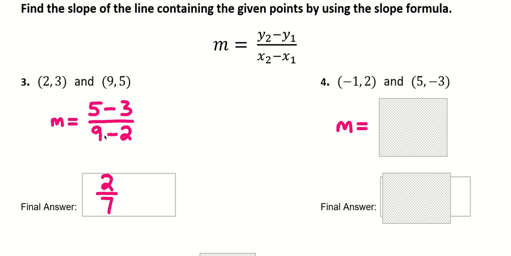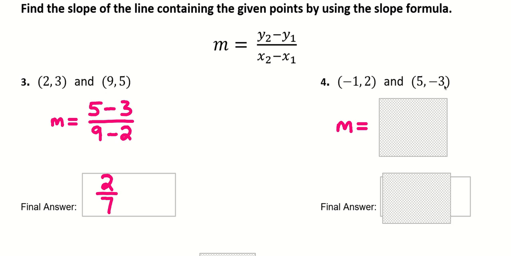5 minus 3 is 2. 9 minus 2 is 7. That's the final answer, because this doesn't reduce at all, or even divide cleanly. Now here, what's my y2? I want to do y2 minus y1 up top.